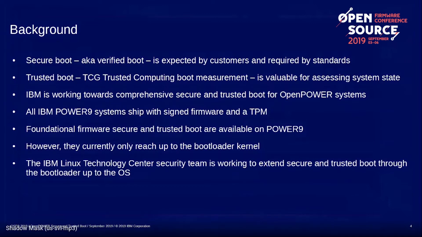All Power 9 systems nowadays ship with a TPM and signed firmware, and the firmware exploits the TPM by producing an event log and extending measurements out to the TPM PCRs. However, it currently only extends to the bootloader, and it stops.